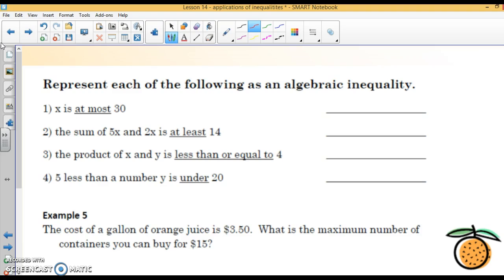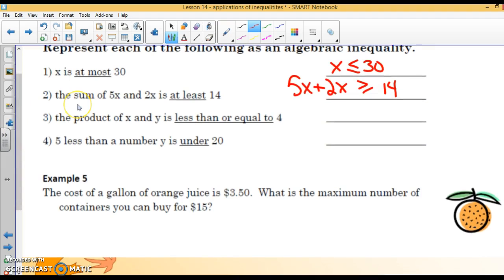Represent each of the following with an algebraic inequality. x and y, meaning x times y, xy, is less than or equal to 4. 5 less than a number y is under 20.